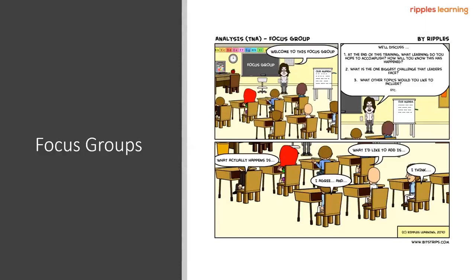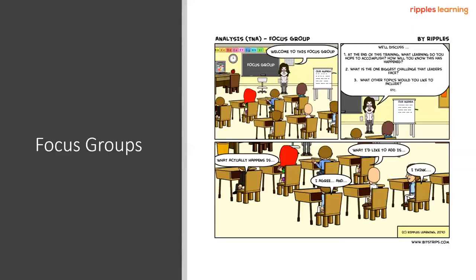So one way of doing that is to have some quick icebreaker at the beginning, get people comfortable with each other, maybe set some ground rules to ensure everybody feels comfortable, and then conduct the focus group.